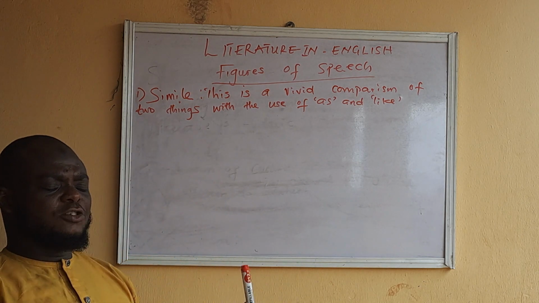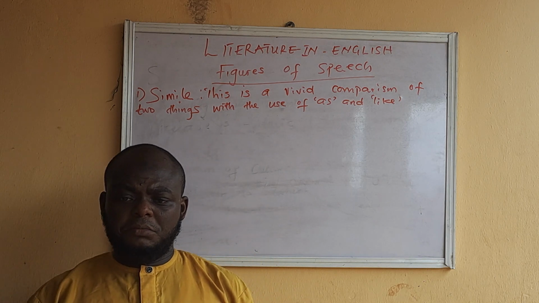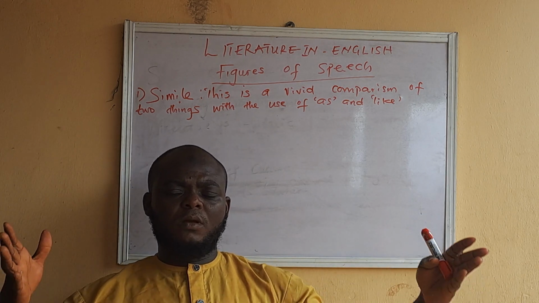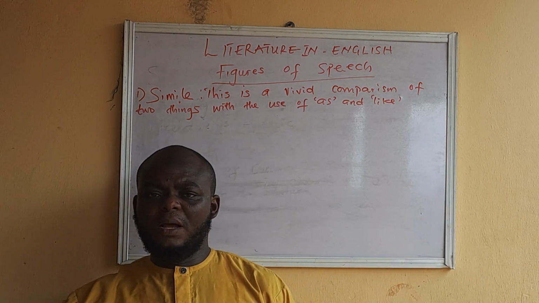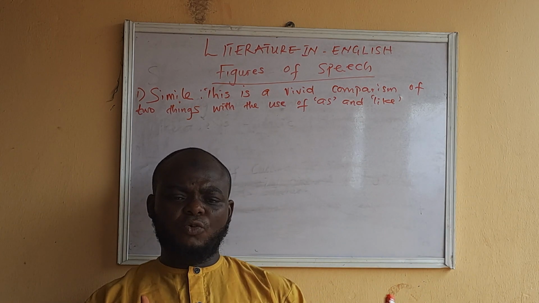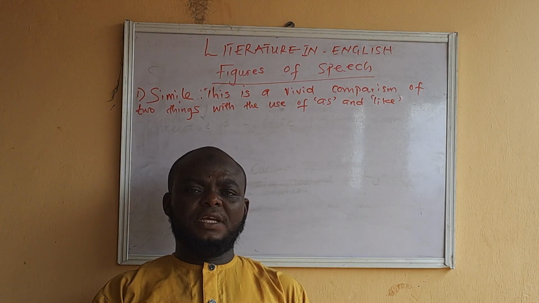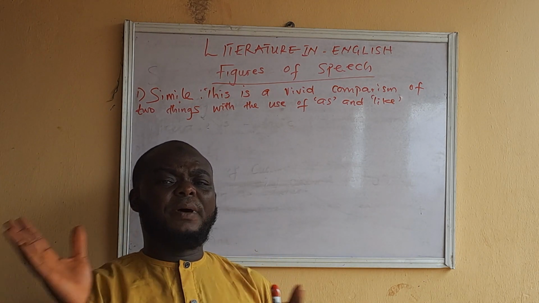It has to do with when we are comparing two things. You are comparing two objects, a human being and another object or whatsoever, and we are trying to compare them indirectly. Now, this is where we are going. It has to do with an indirect comparison.